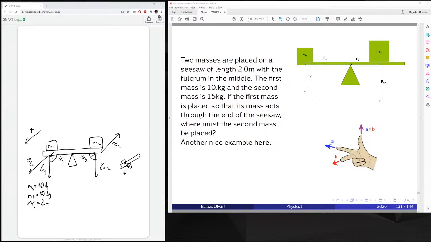G1 is M1 g, G2 is M2 g, so M1 g times R1 has to be equal M2 g times R2. We can forget the g. If we are looking for R2, R2 equals M1 R1 divided by M2. In this case, this is 10 times 2 divided by 15, which is 1.3 meter. So it has to be 1.3 meter.